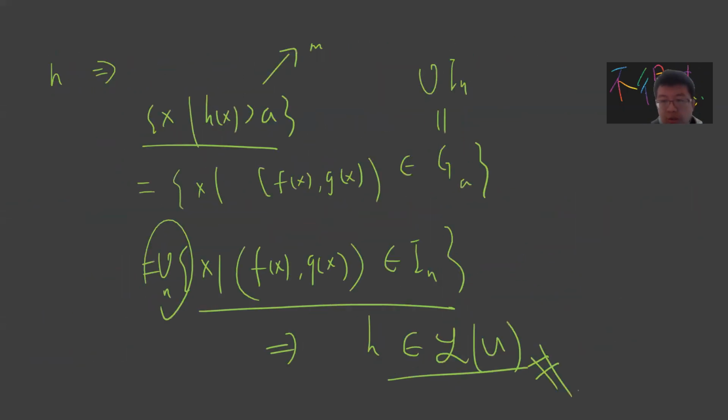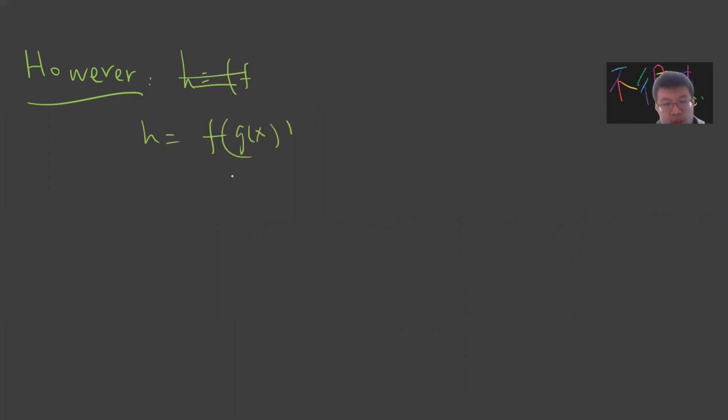Okay, but there's a disguise that is really important that I didn't tell you. I will not give the proof of this fact, but it is interesting. Let's say h is f composed with g, so you take two components. Suppose that g is continuous and f is measurable.